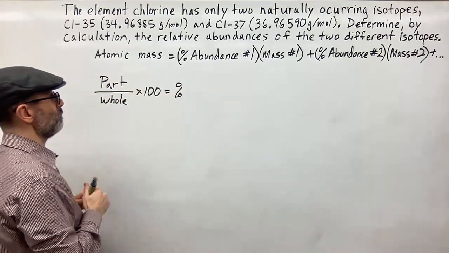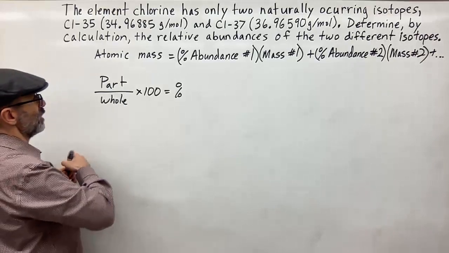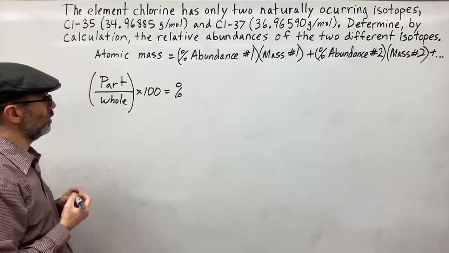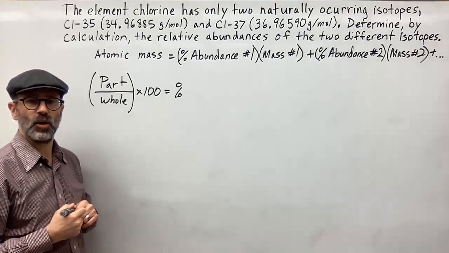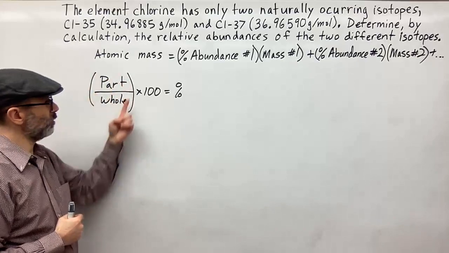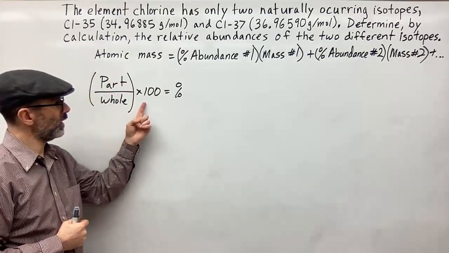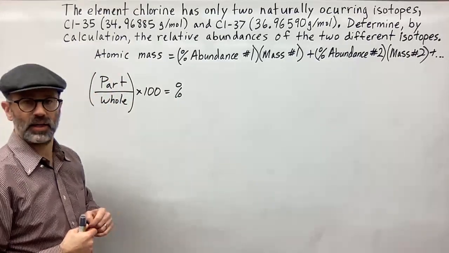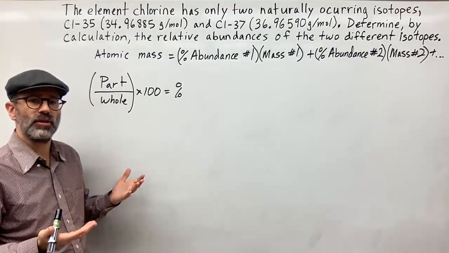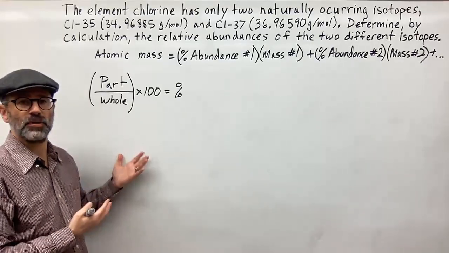So if I have the percent abundance, this part over whole, that is the relative abundance. So you take the relative abundance, multiply by 100, you get the percent abundance. Okay, well, how do you get the relative abundance from the percent abundance?